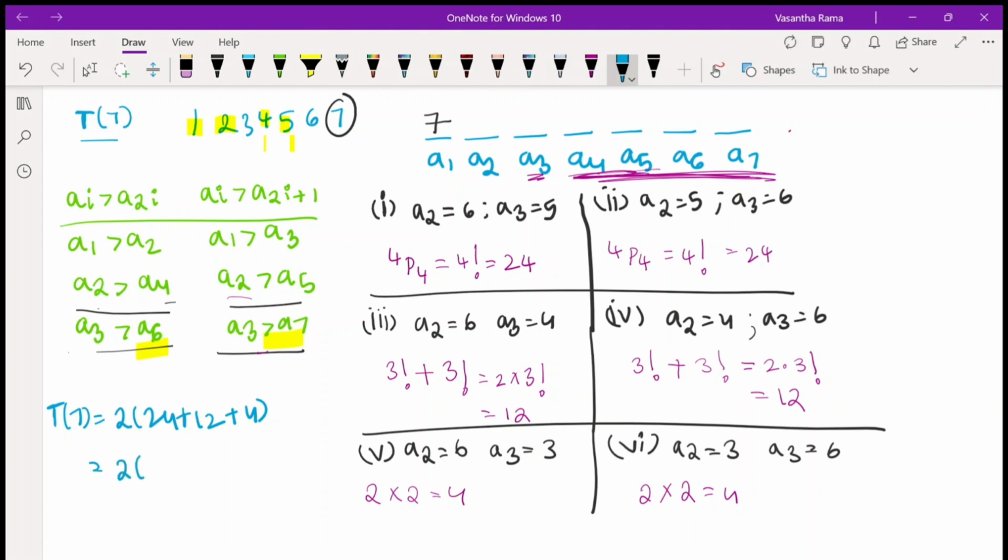That is 2 into 24 plus 12 plus 4, which is nothing but 40, which is equal to 80. So T of 7 would be equal to 80, which means there are 80 possible arrangements such that all the numbers 1, 2, 3, 4, 5, 6, 7 can be arranged into a sequence where A1 is greater than A2 and A3, A2 is greater than A4 and A5, A3 is greater than A6 and A7.